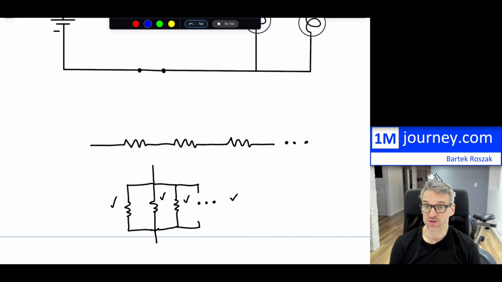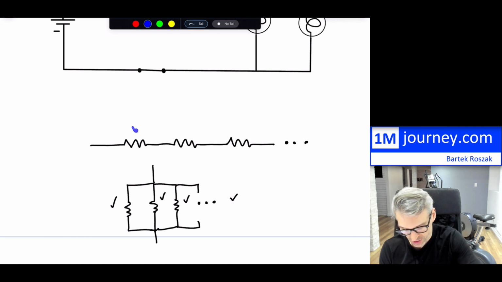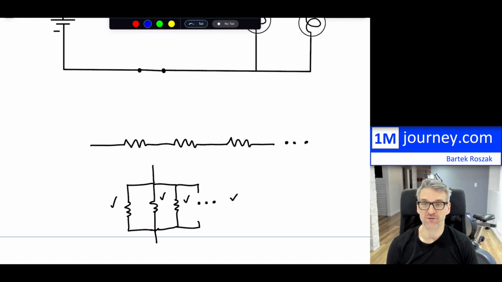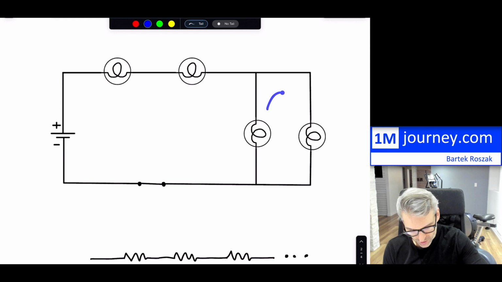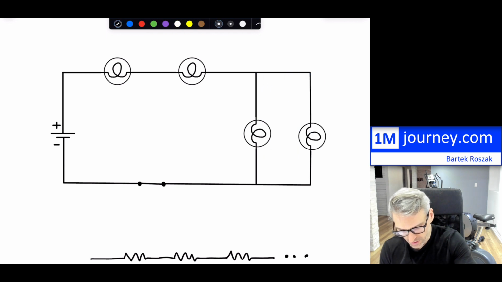Now, in terms of the voltages that you have, well, there will be some voltage drop across all of these. But notice that if you have something in parallel, I'm going to go back in here, you can create a loop here, right? So you have a closed loop all the way around in here. And if you would label this out, so let's make this positive and negative, positive and negative.